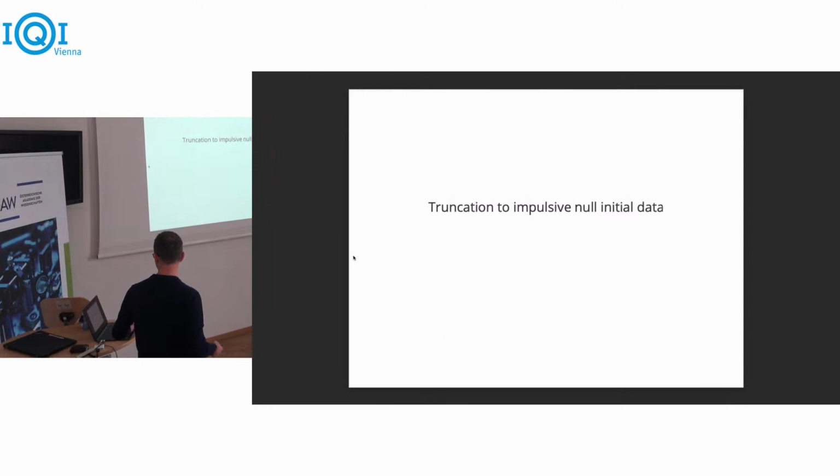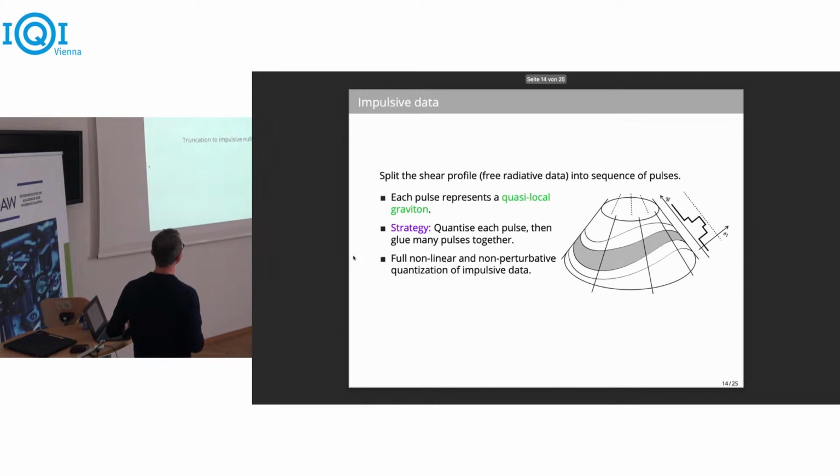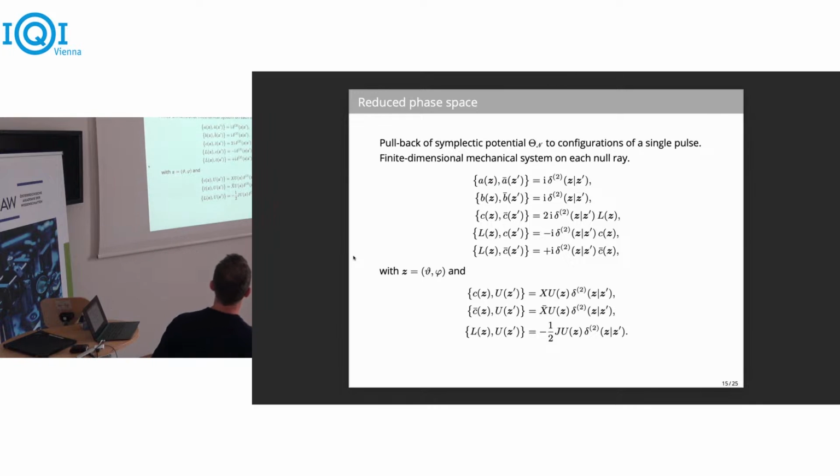And then you can solve these equations and plug them back into the symplectic structure. And then what you get is an algebra. So in fact, basically two harmonic oscillators and an SL2R.